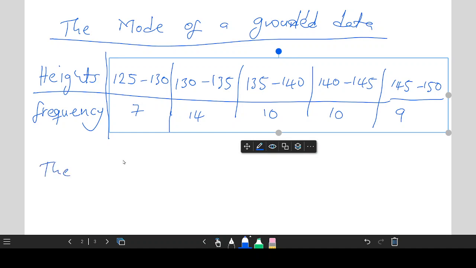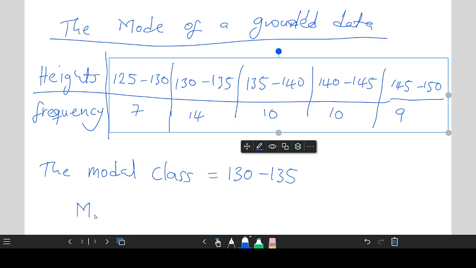So the modal class is the group with the highest frequency. So if we look at our data, the group with the highest frequency is 130 to 135. That is the modal class. But if it's a group data and we want to find the mode, then we use this formula.